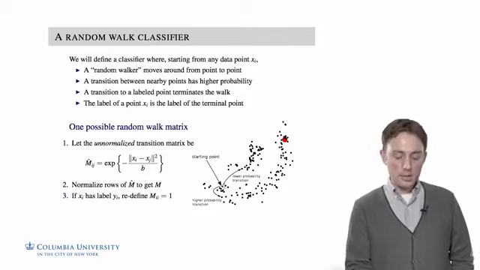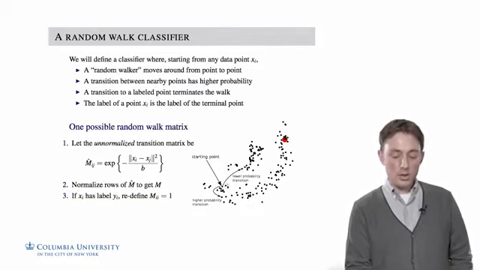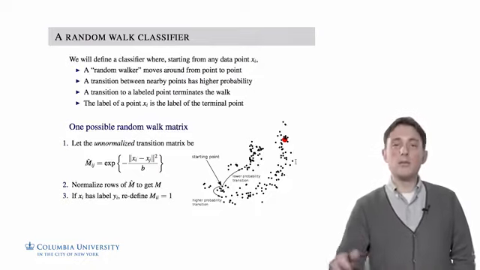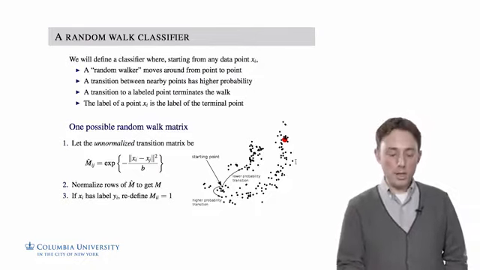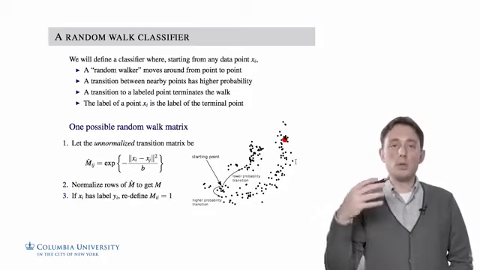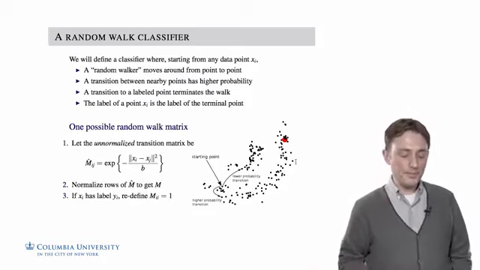If b is small, then of course the probability of transitioning from this point to this point might be high. If b is large enough to consider that close, but the probability of transitioning from this point to this point, or this point to this point, or any other point outside of the range defined by b, that transition probability will be very, very small, essentially 0.